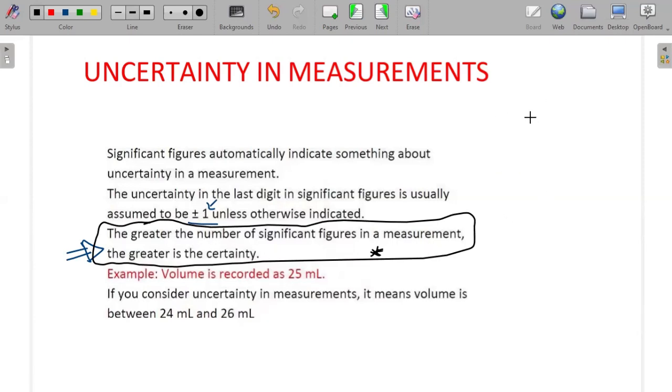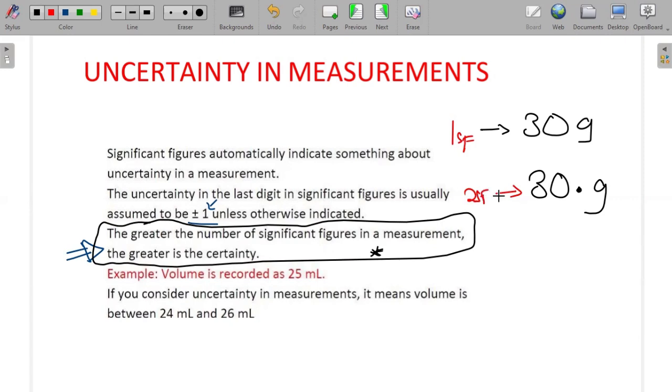They will give you two measurements, for example 30 grams and 30. grams. According to what we've learned today, this one only has one significant figure because there's no decimal point. This one will have two significant figures because the 3 and the 0 are significant because of the decimal point.